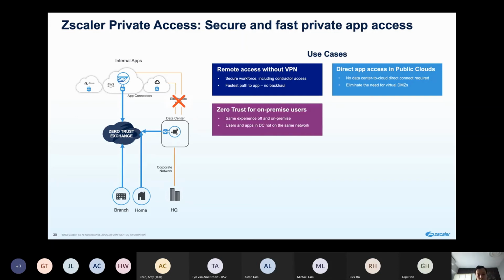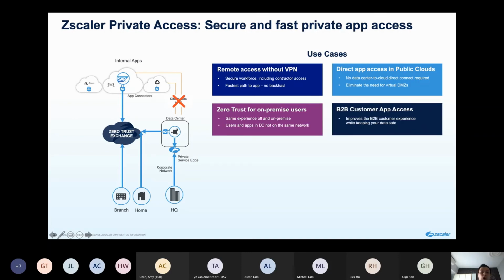And this solution also works for on-premise access, which means you can also move our Zero Trust Exchange component to your on-premise network, so that between your internal user and your internal application, instead of allowing the whole network access, we can have our component here to do the escort, to make sure that you only allow app access instead of network access.